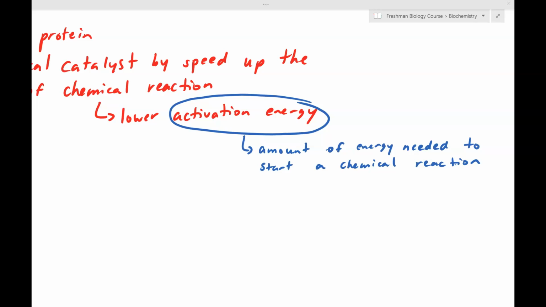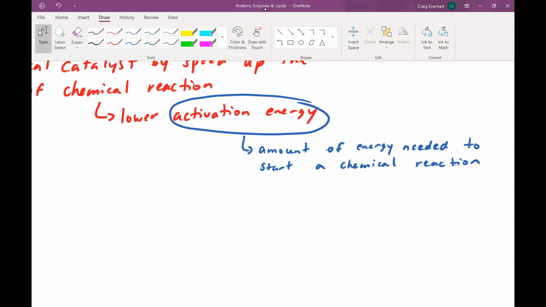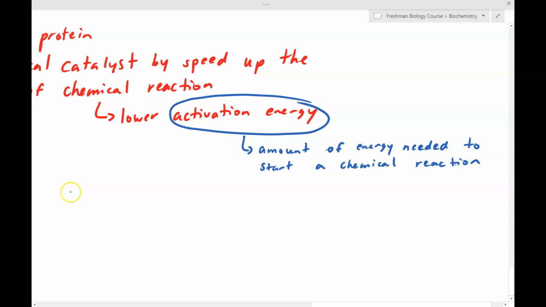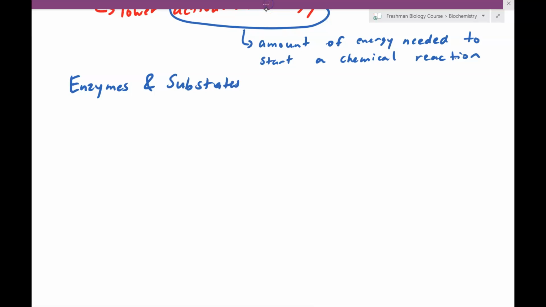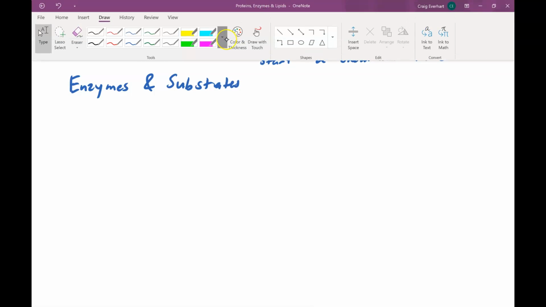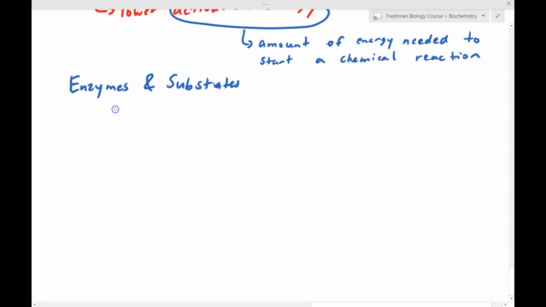And then for enzymes and substrates, how they work together, let's go ahead and draw that out. So we've got enzymes and substrates. I'll draw you an enzyme and a substrate.